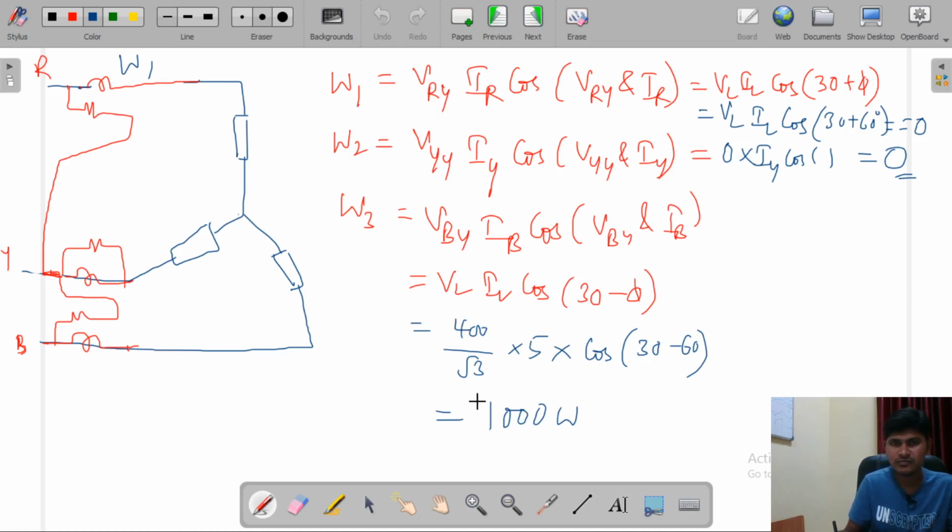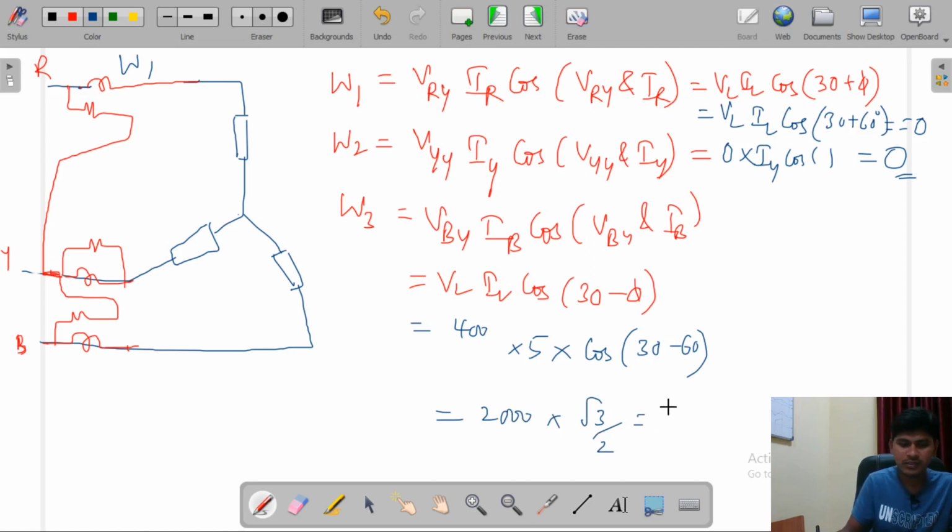So you will not get this by root 3. If it is V phase then 400 by root 3, but line voltage is 400 volts only. Then 2000 into cos 30, root 3 by 2.